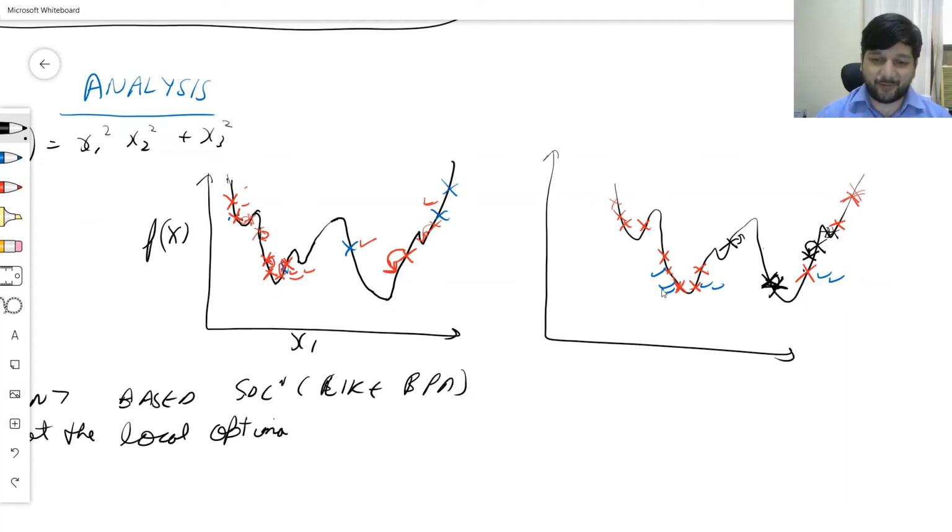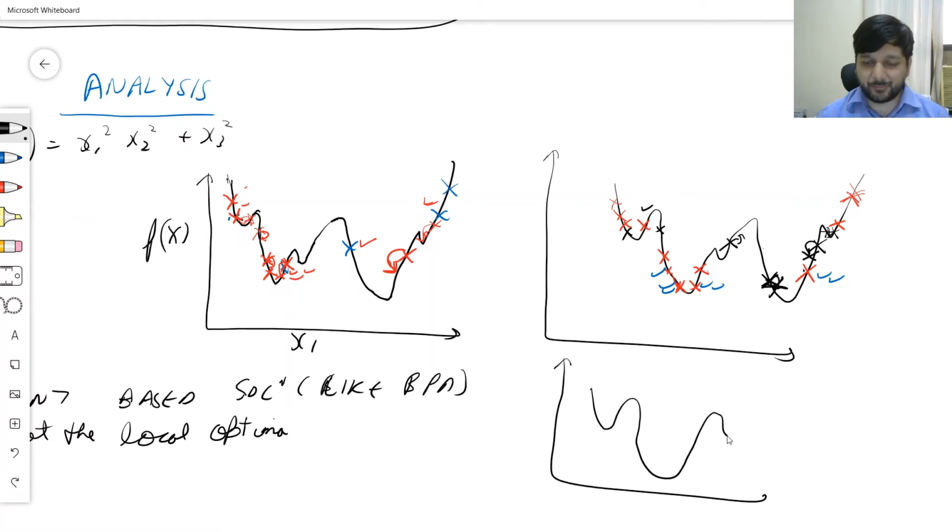And similarly for all, these will pair up and produce children. So these won't get selected. Or let's say one individual here gets selected, which produces children, let's say here and here. So in the new population pool, what you see is now you've got another individual which is even more competitive. You've got lots of individuals.